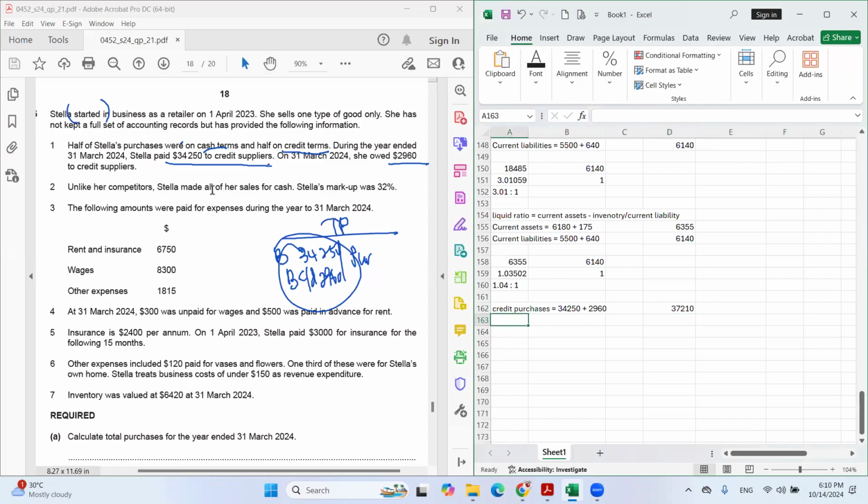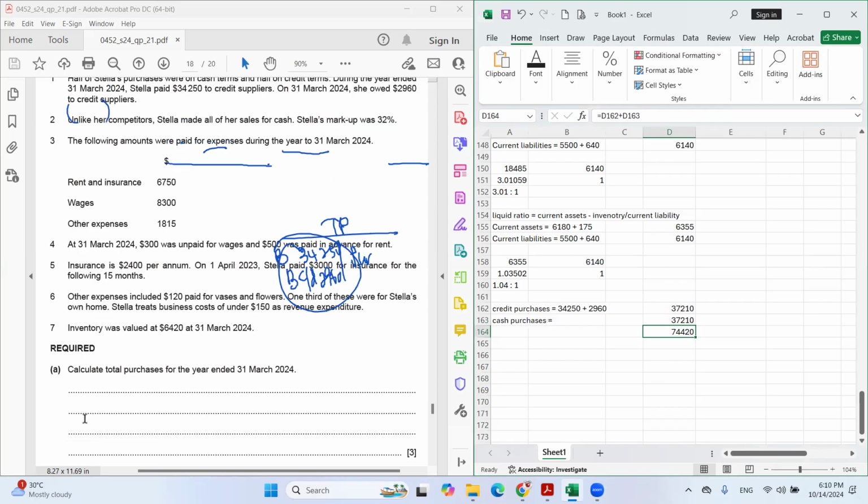And the cash purchases, they didn't put in here, but we need to take note. There are cash purchases, because half, and half on credit terms. So that means the cash purchases will be equal to the credit purchases. So total purchases is 74,420. So this is the answer for A.